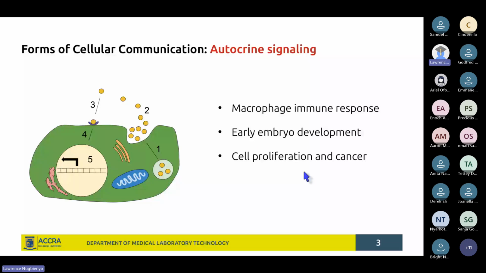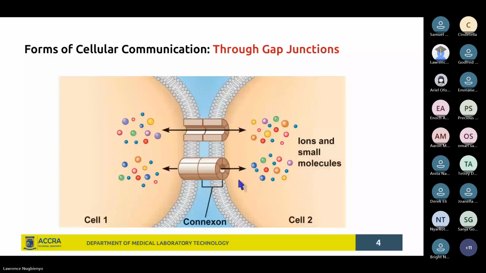Then if you take tissues like cardiac tissues, the heart, and then the nervous system, the central nervous system, the brain, you also have cells that are connected by what we refer to as gap junctions. And across these gap junctions, you have ions getting across from one cell to the other.